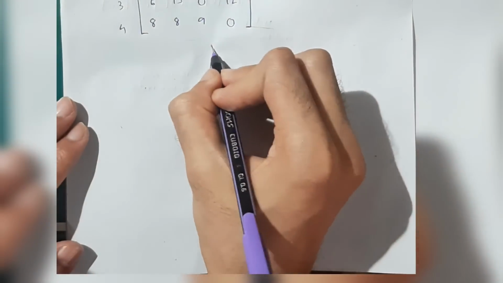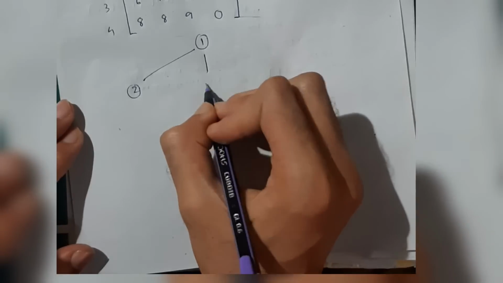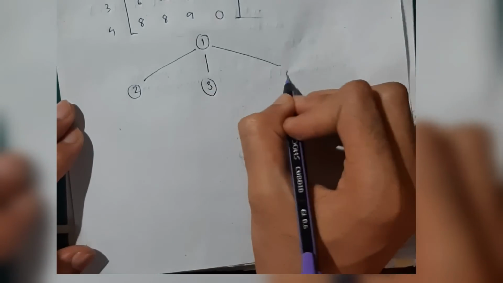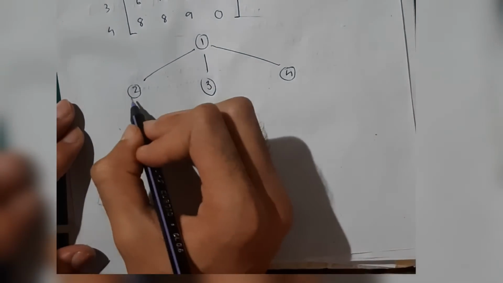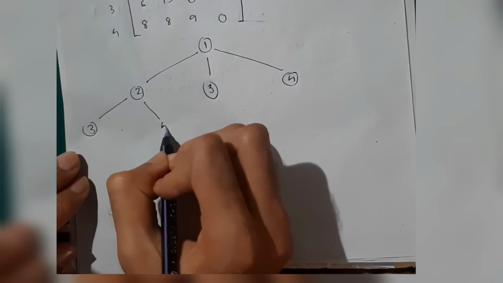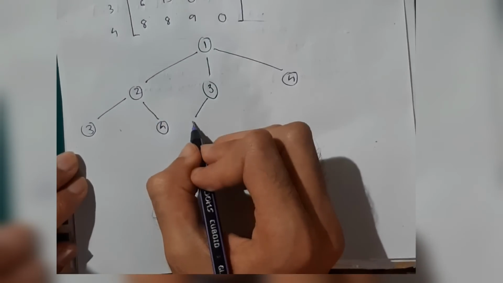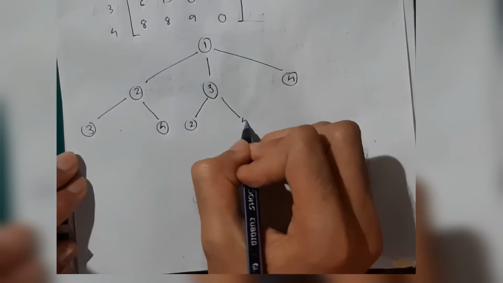Now see here, from 1 the person can travel to three locations, right? First one is 2 or 3 or 4. Now from 2 the person can travel to 3 or 4, since 1 is already visited. From 3 the person can travel to 2 or 4.